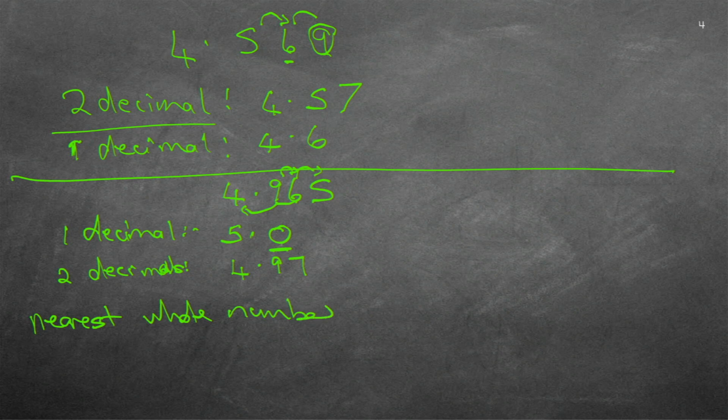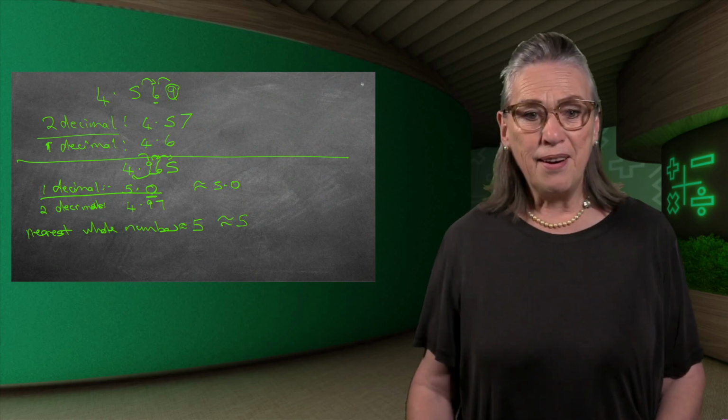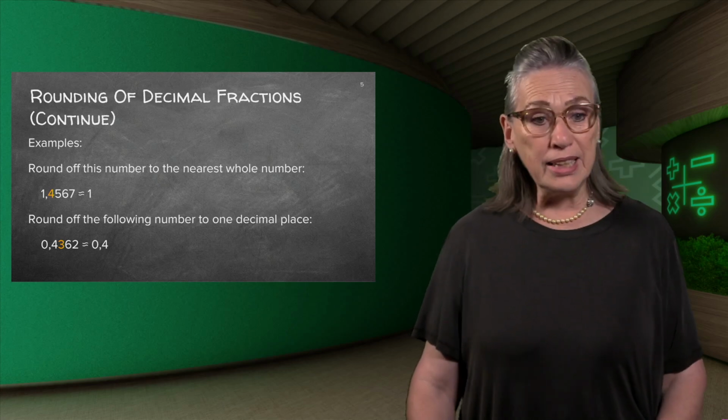Now we're going to look at the 9, and the 9 indicates that it is 5 or bigger. So when we round it to the nearest whole number, it will be more or less 5. Now can you see the difference? For one decimal, we must write 5,0, but to the nearest whole number, we just write a 5.